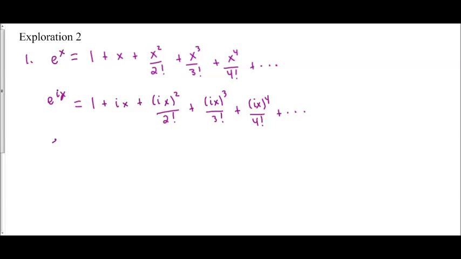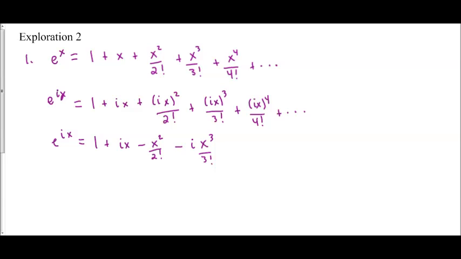And then we want to evaluate these i squareds and i cubes and i to the 4ths, and that's why in the reading just above exploration 2, you were supposed to remind yourselves what the powers of i were. So we're going to have 1 plus ix. i squared is going to give us a negative sign, so we're going to have negative x squared over 2 factorial. i cubed is going to give us a negative i times x cubed over 3 factorial.